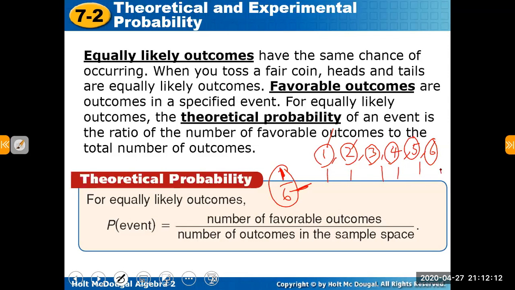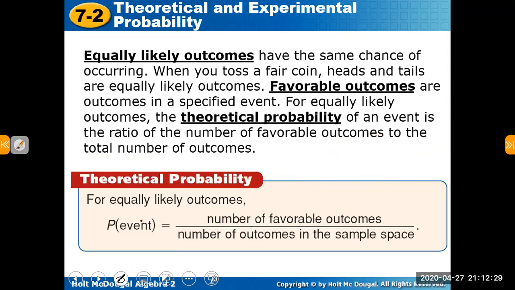There is no bias. So let's say if I had on a number cube 1, 2, 2, 2, and then 3, 4, then the chances of getting a 2 would be more. Then it is not equally likely. That's a condition where it is not equally likely. Equally likely means all the outcomes have the same chance of occurring.